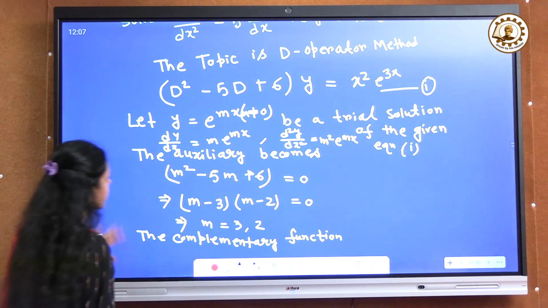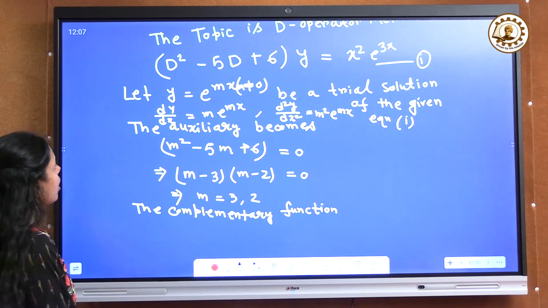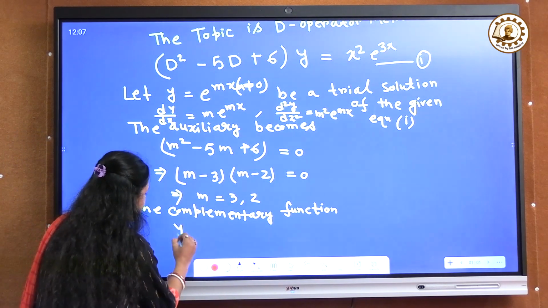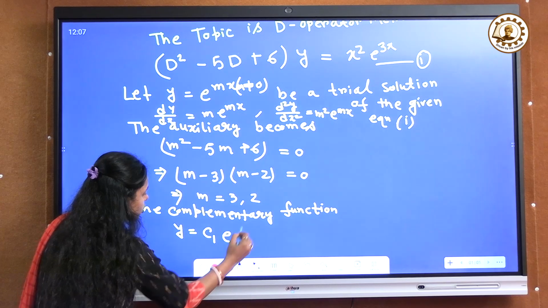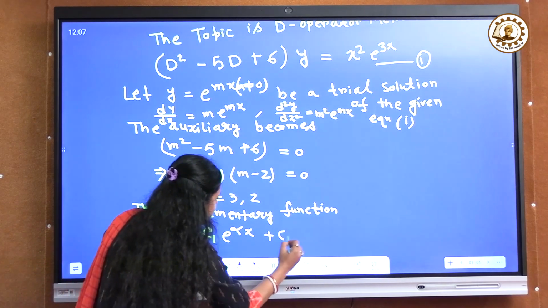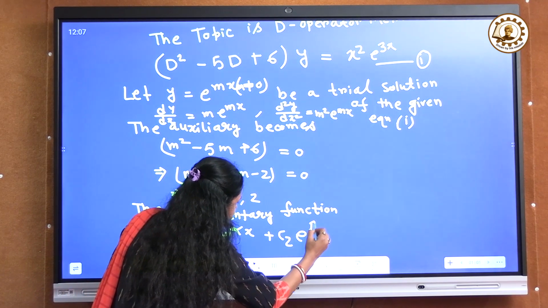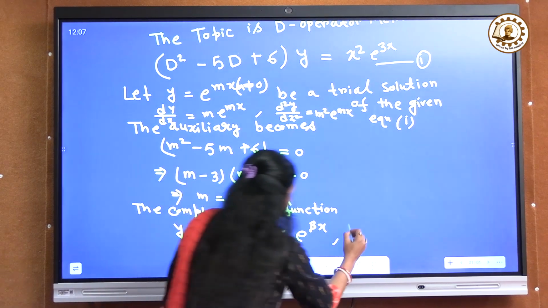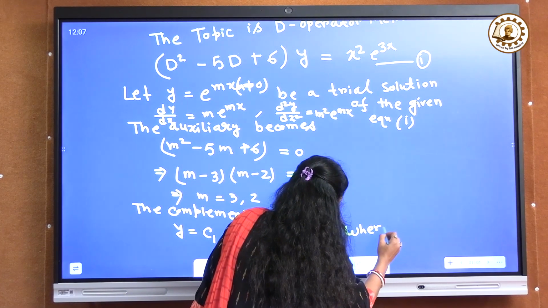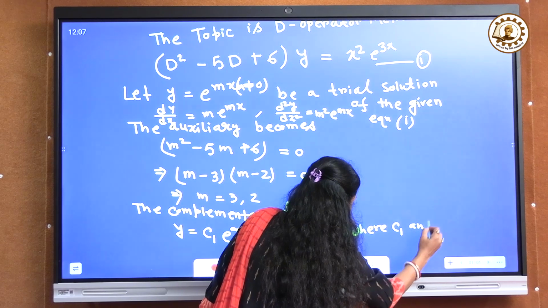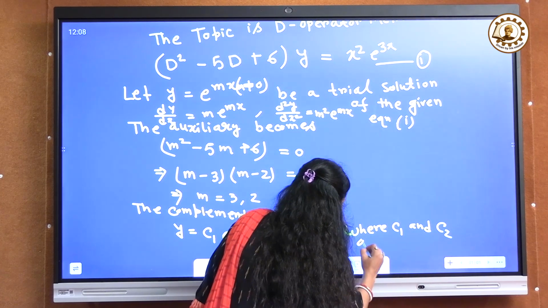What is the complementary function? The complementary function is y equals C1 e to the power alpha x plus C2 e to the power beta x, where C1 and C2 are arbitrary constants.